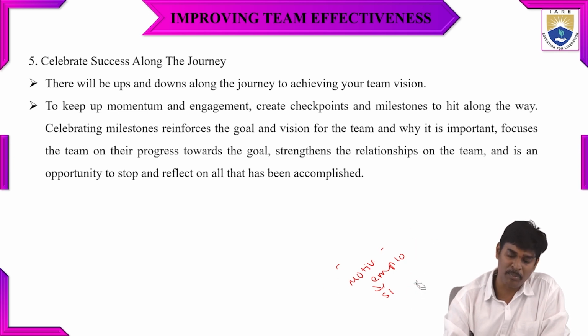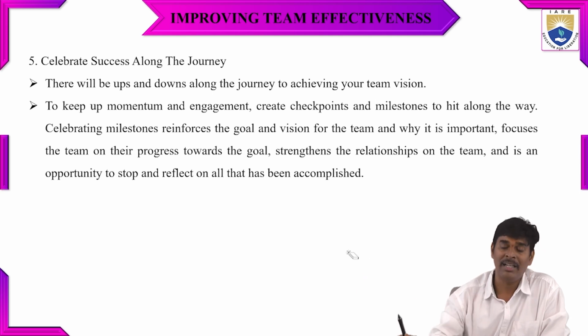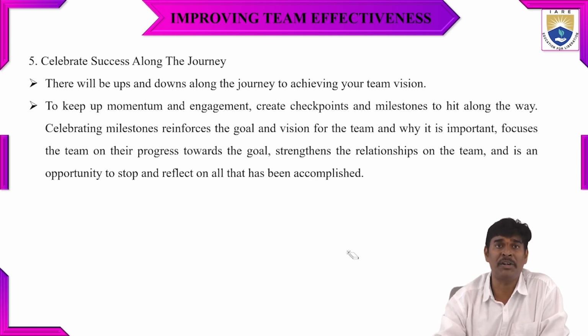The project manager as well as the team leader must encourage the team members. There should not be any dysfunction between the team members. There should be optimal functioning from one person to another person. We need to encourage each and every team member to strengthen the team as well as to gain profits for the journey. And they should have a clear vision to reach the goal and vision for the team members.